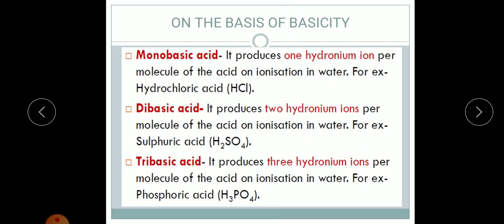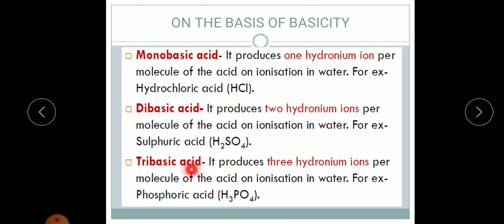Now, on the basis of basicity, acids are classified into three types: monobasic acid, dibasic acid, and tribasic acid. A monobasic acid produces one hydronium ion per molecule of the acid on ionization in water, for example hydrochloric acid. A dibasic acid produces two hydronium ions per molecule, for example sulfuric acid H2SO4.